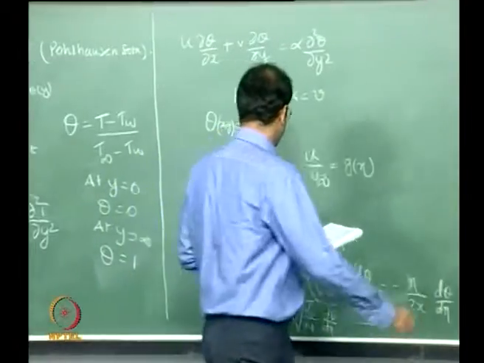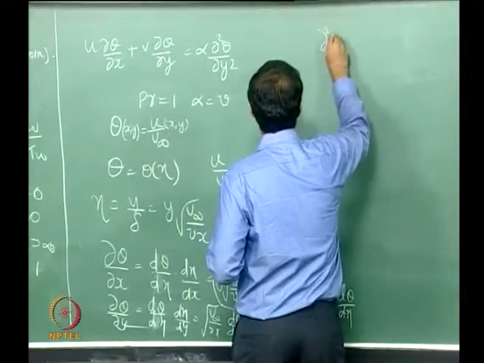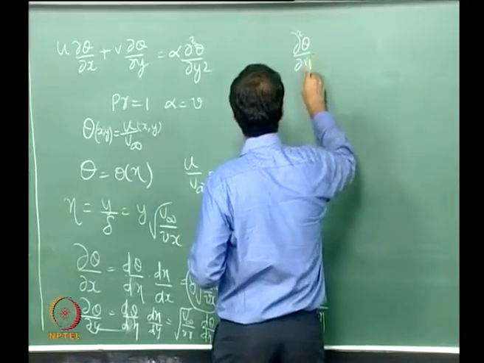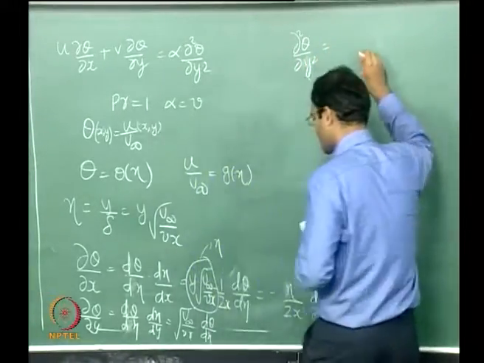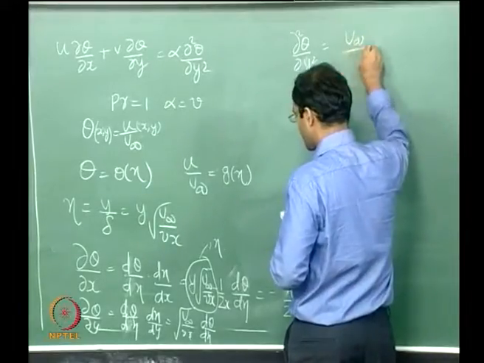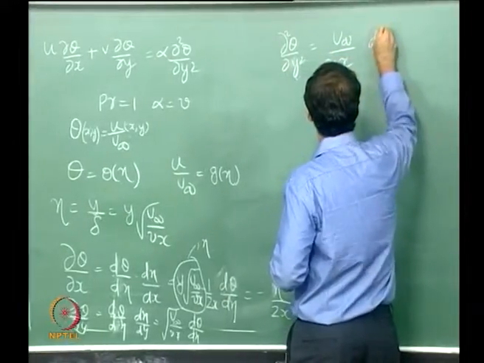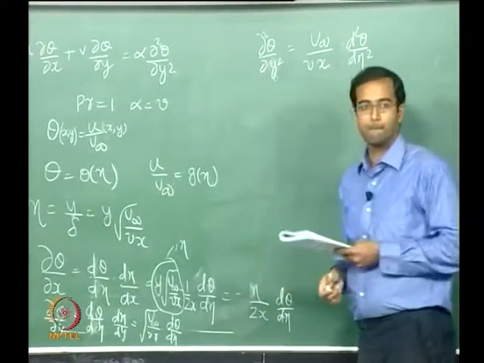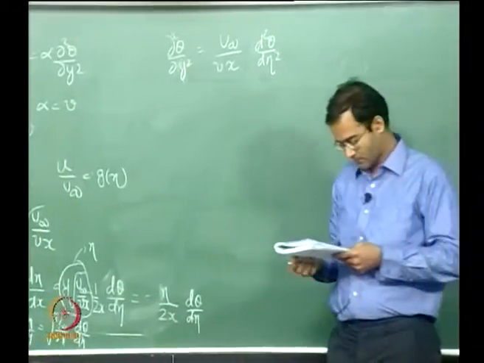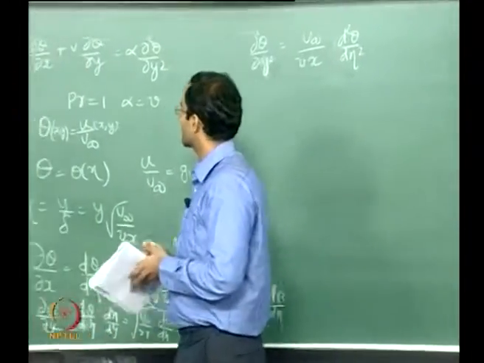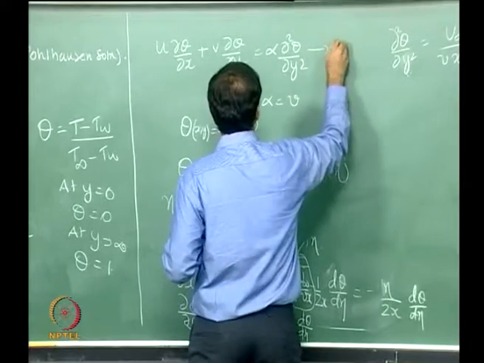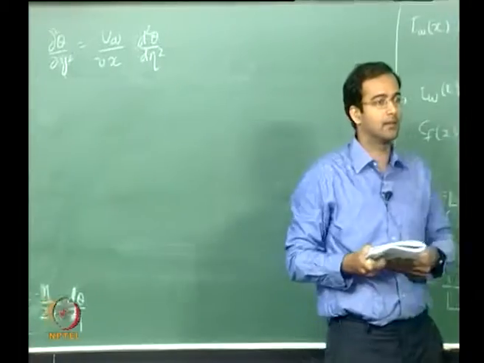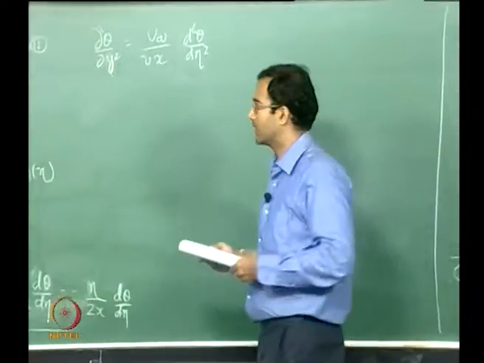So now you can also find the second derivative, d square theta by dy square. That will be u infinity by nu x into d square theta by d eta square. So all this can be substituted, let us call this equation number 1. You already know expressions for u and v, the similarity expressions which you had derived before.